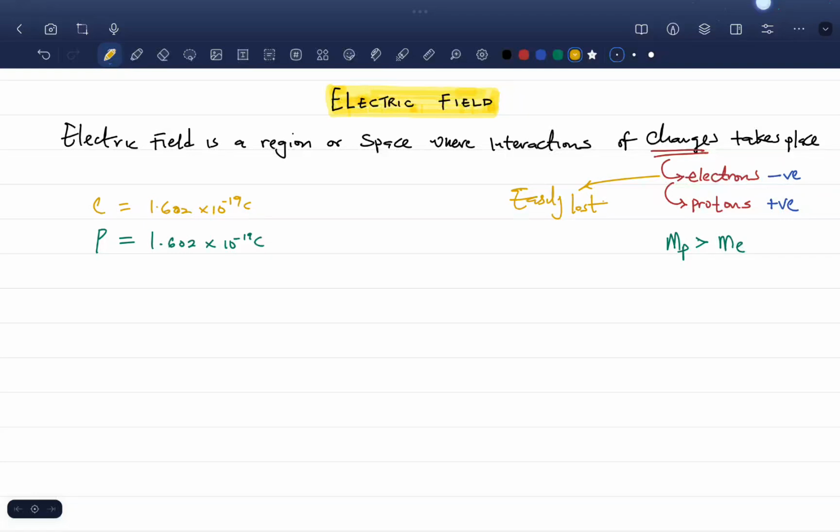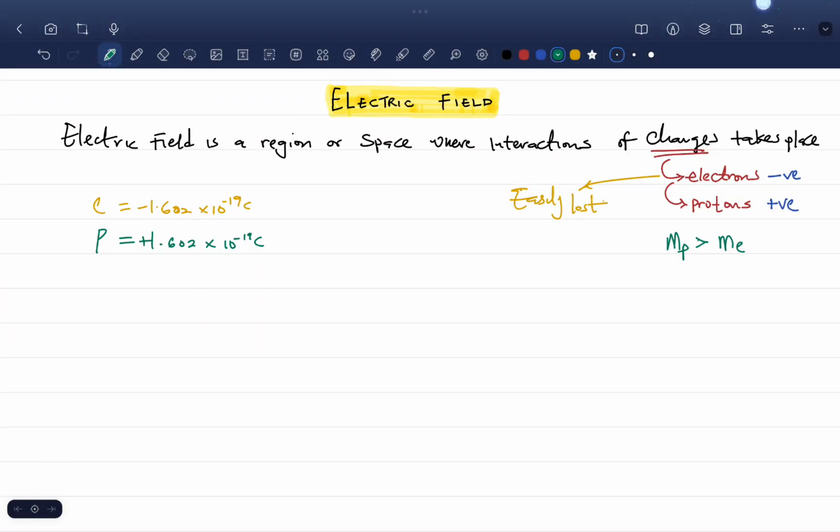So you can notice that in terms of the charge, they are the same. But the only difference here is that the electrons are negatively charged, while the protons are positively charged. So that is the difference between the two of them. The protons are positive, while the electrons are negative. But in terms of magnitude, they are definitely the same. That is, they are equal.